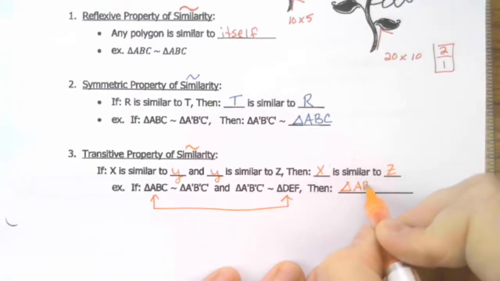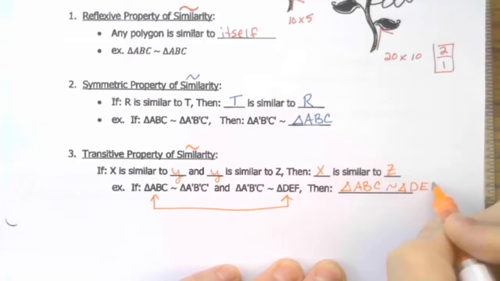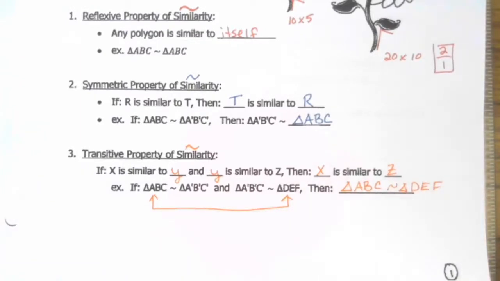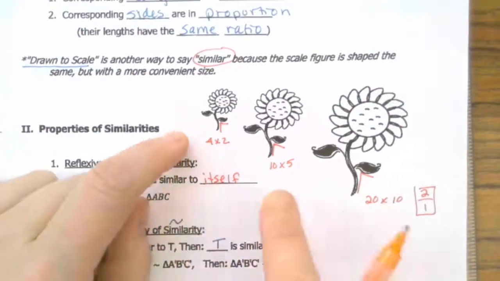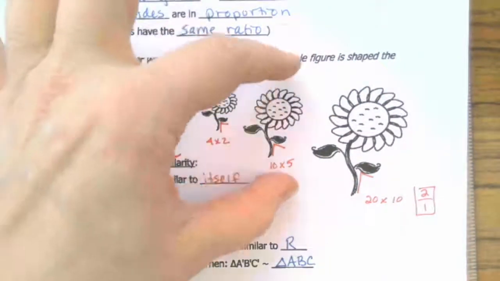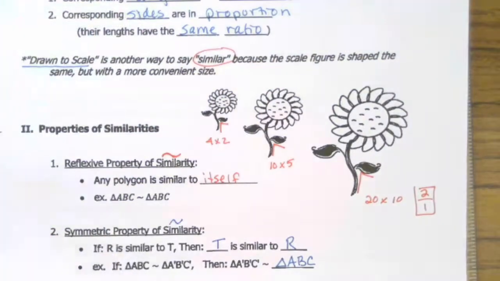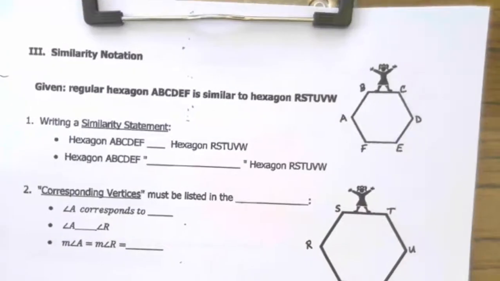So triangle ABC must be similar to triangle DEF. And remember, similarity means they have the same angles, but the sides are proportional, just like our sunflowers here. These three angles are the same, but each one is a different size overall. Those are similar figures. Okay, flip the page.